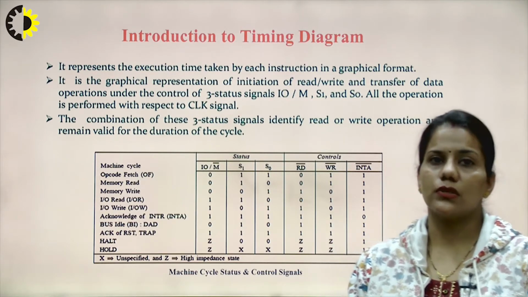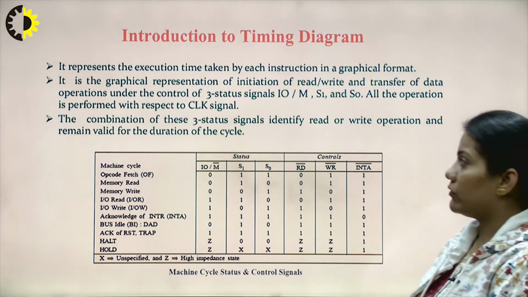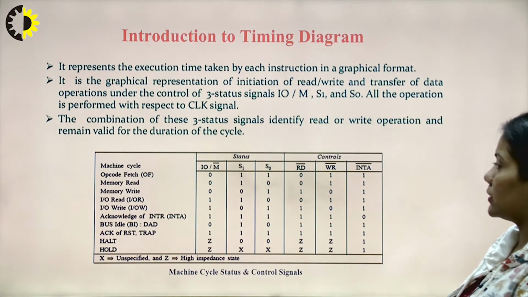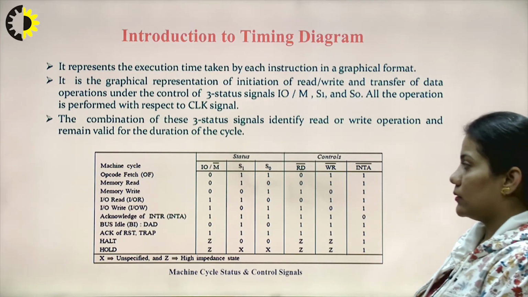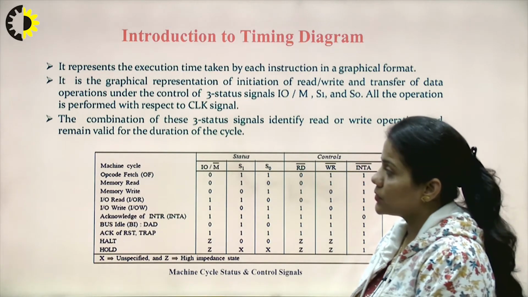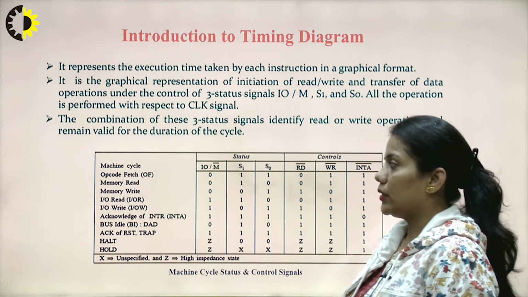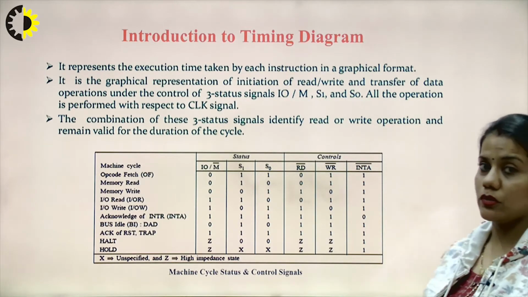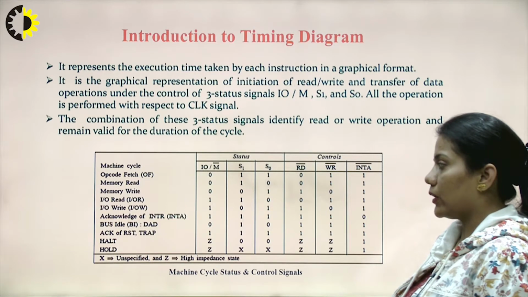The combination of these 3 status signals identifies each of these read and write operations, and it will remain valid for the duration of the cycle. The various status and control signals, when combined together, represent the different machine cycles, as we can see: opcode fetch, memory read, memory write, input output read, input output write, acknowledgement of INTR, that is acknowledgement of interrupt, bus idle, acknowledgement of reset or trap, halt and hold.